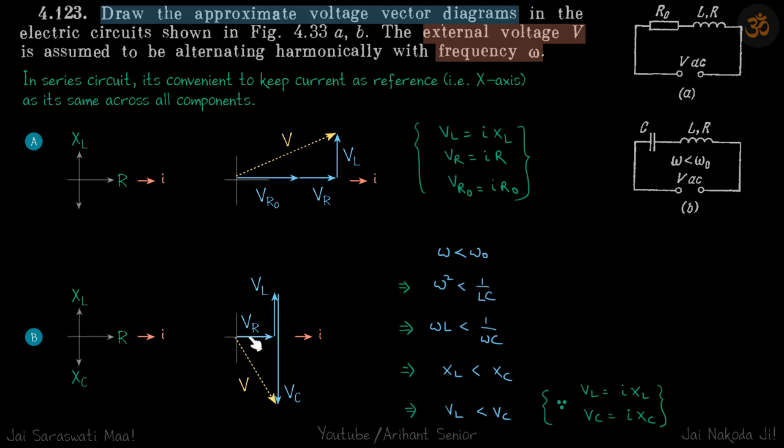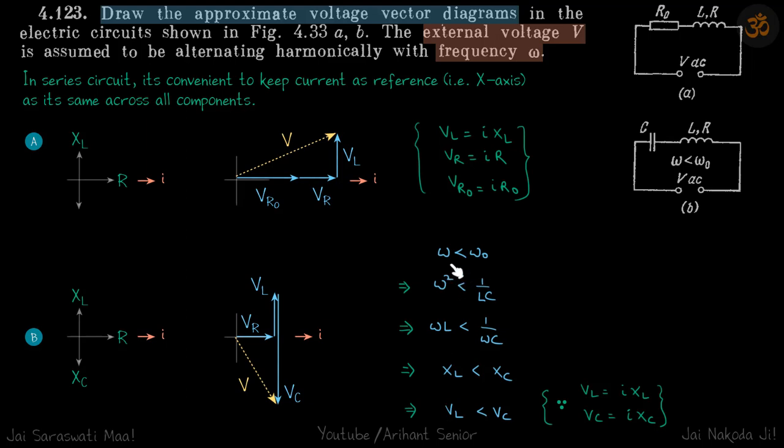So if this is the angle phi, we will say that current leads the voltage by that angle phi. What I explained about the frequency and the relation between omega and L, we can see here also. It's given that omega is less than omega naught.